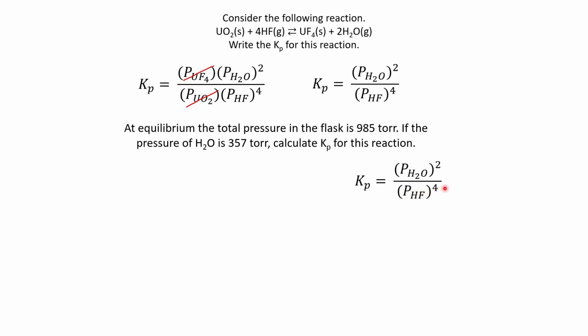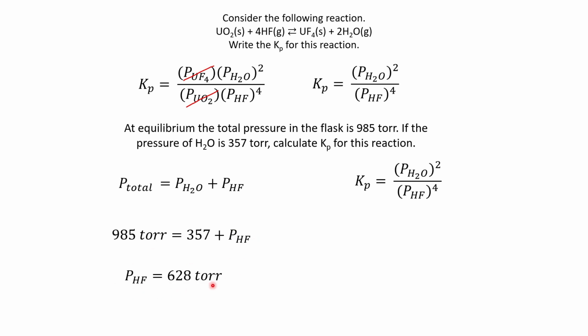Well, we're going to use Dalton's law of partial pressures. Our total pressure is equal to the sum of the pressures of our water and our hydrofluoric acid. So I'm going to plug in what the problem gave me, my total pressure and my pressure of water, so I can solve for my pressure of HF, and I get a pressure of 628 torr.